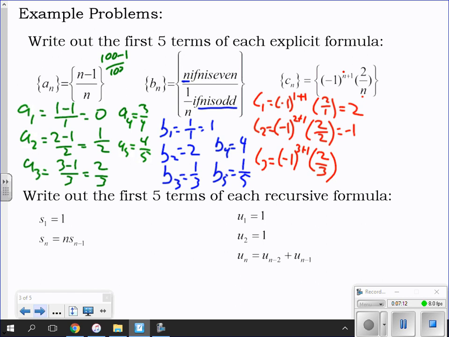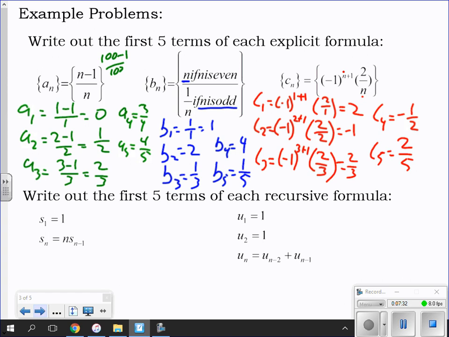Negative 1 to an even power is 1, times 2/3. I get 2/3. I can do the same thing for C sub 4, and you get negative 1/2, and C sub 5, and you get positive 2/5.